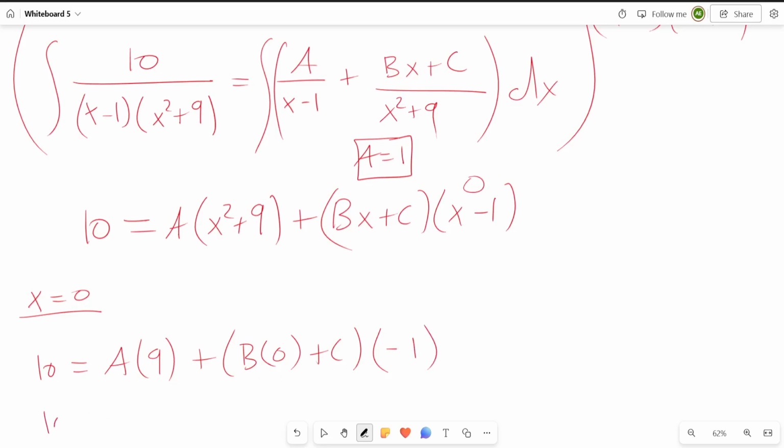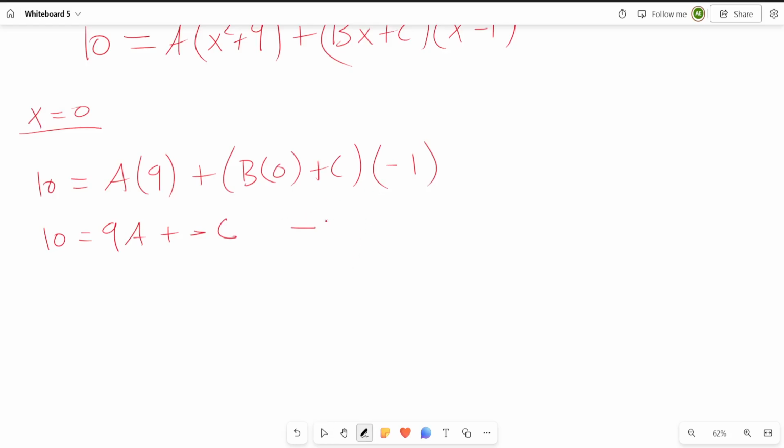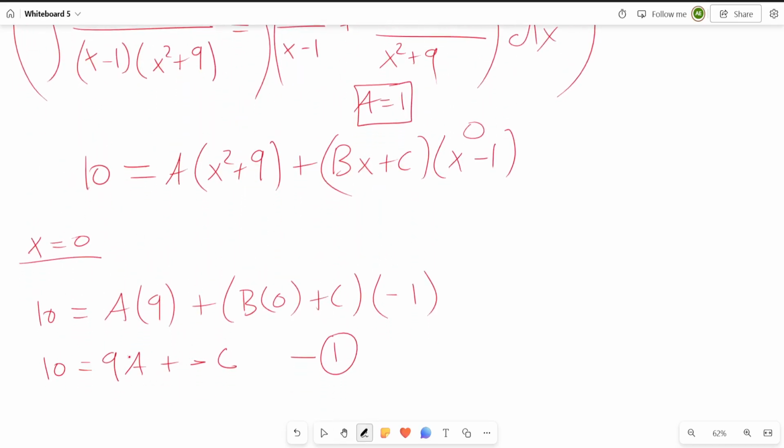So this is 10 equals 9A plus this term is 0. This is going to be negative C. So now I have one equation over here that I can work with. I will need another equation that involves A and C.